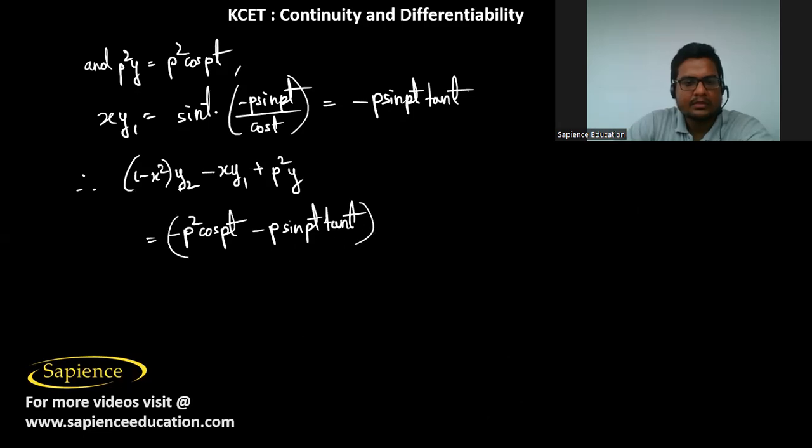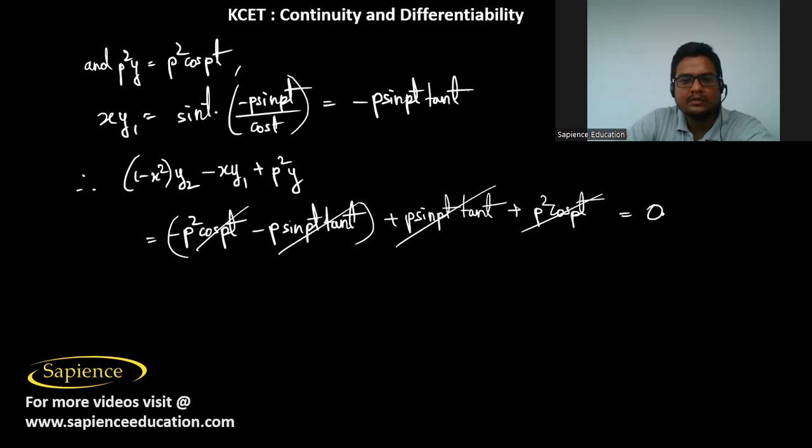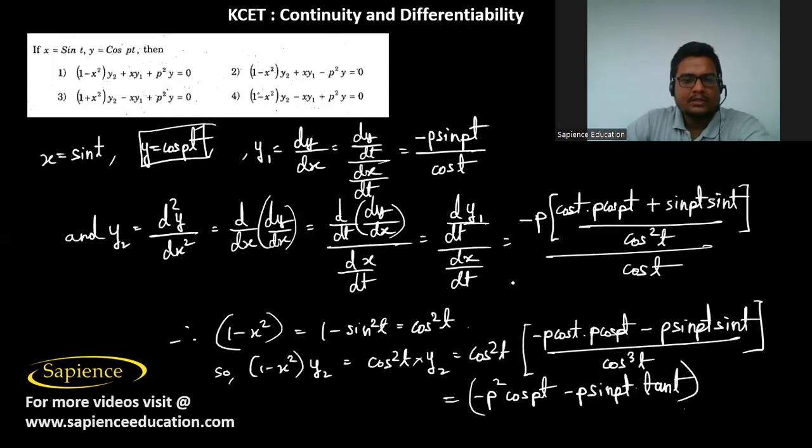This is coming 1 minus x square into y2, and minus xy1, that will be plus p sine pt into tan t, and plus p square y, that is plus p square cos pt. So then we see that all will get cancelled and that will become equal to 0. So therefore option 4 is the correct answer.